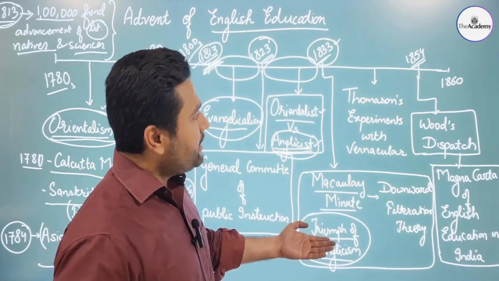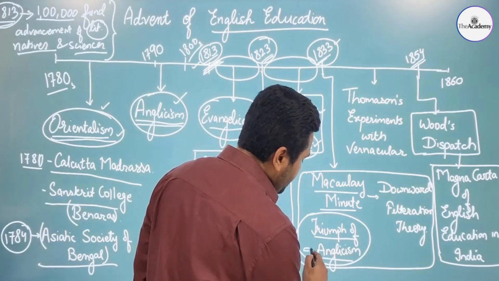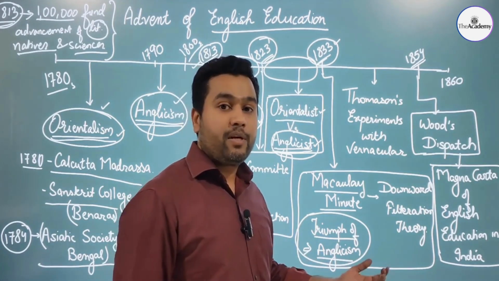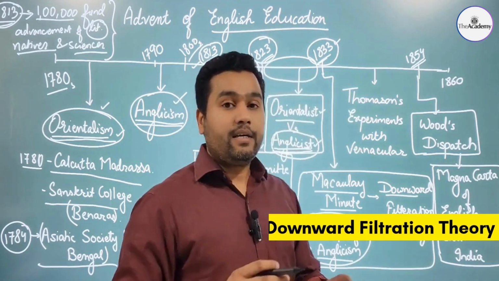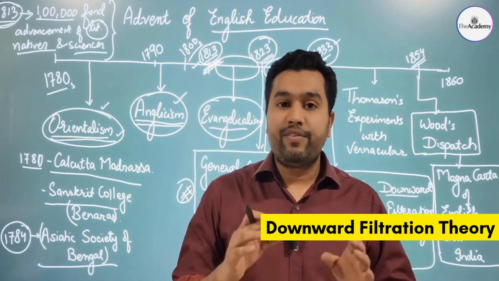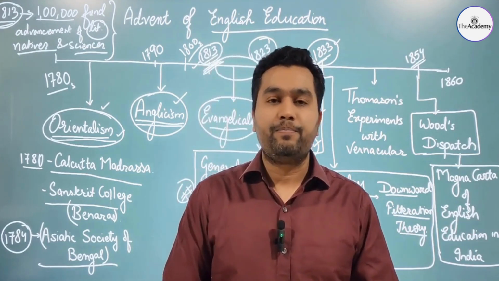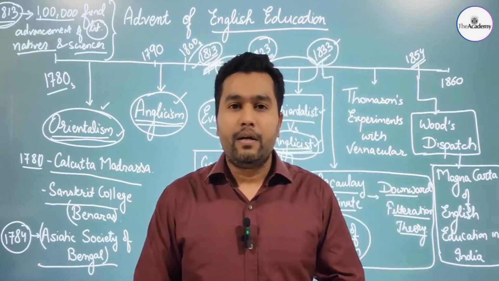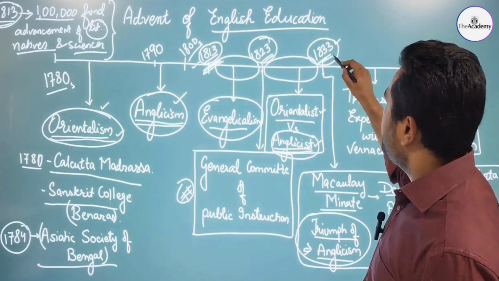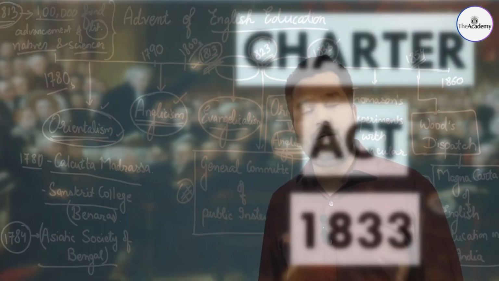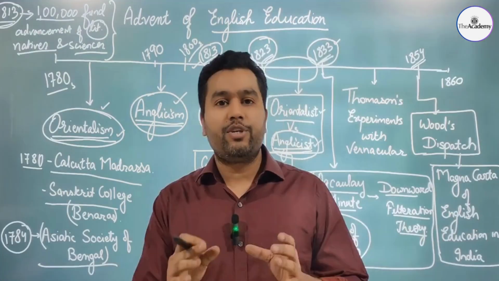So Lord Macaulay supported English becoming the official language and supported the downward filtration theory. Let us understand the factors that necessitated this development. When the English introduced the Charter Act in 1833, they had centralized the administration in India.